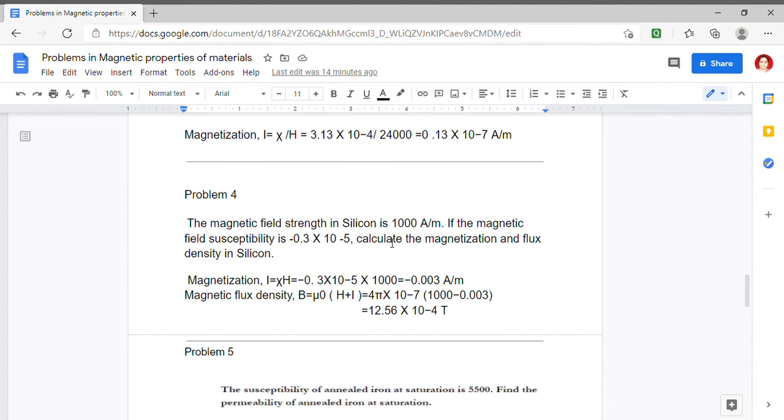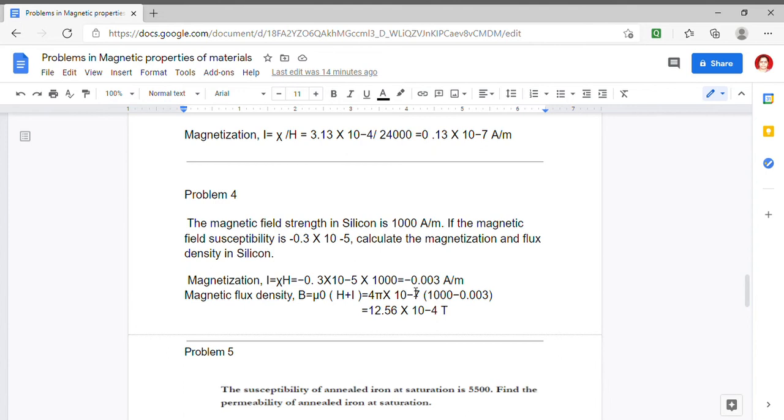As magnetization I equal to chi into H, putting the value of chi which is minus 0.3 into 10 raised to power minus 5 and H is 1000, we get the magnetization to be minus 0.003 ampere per meter.